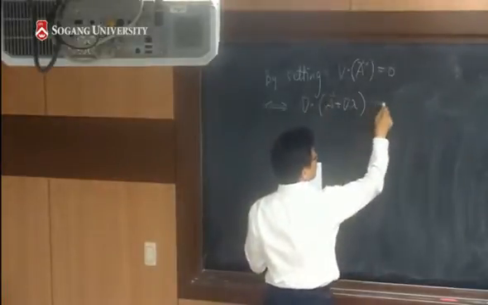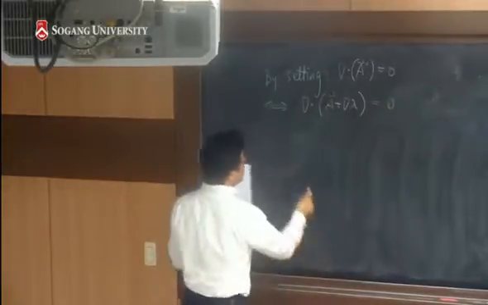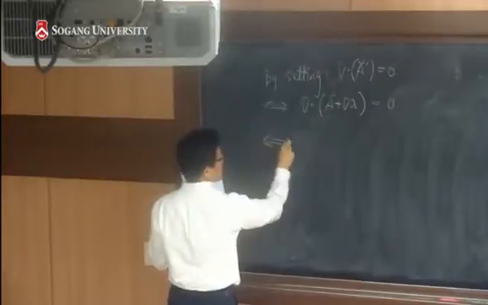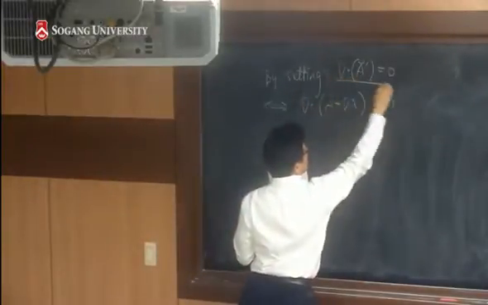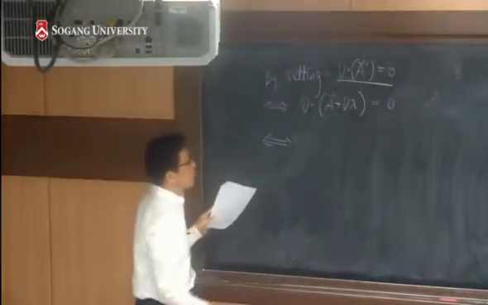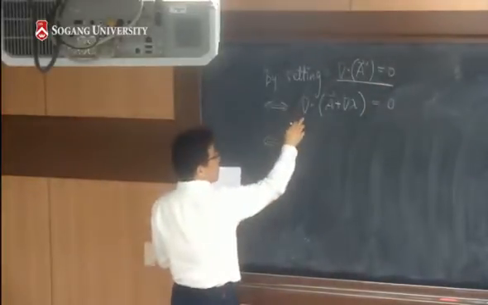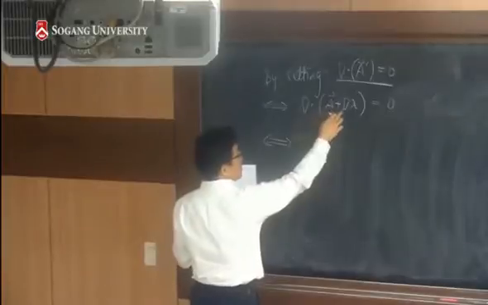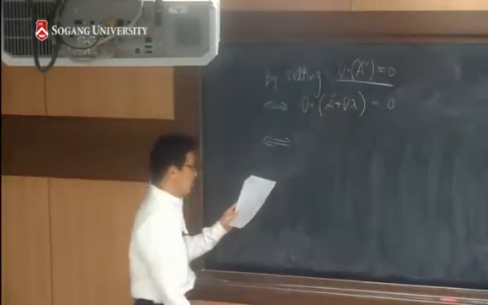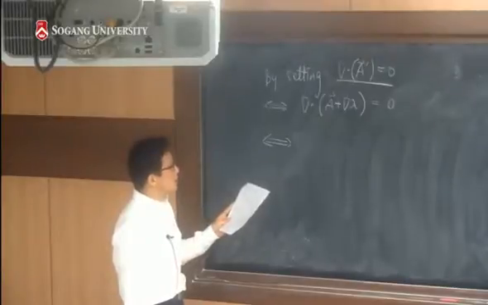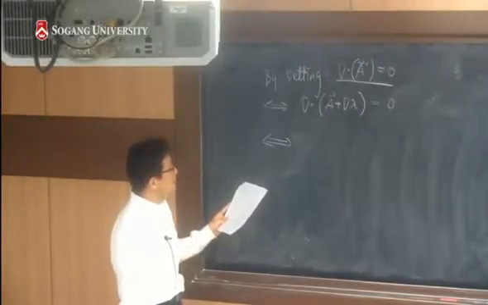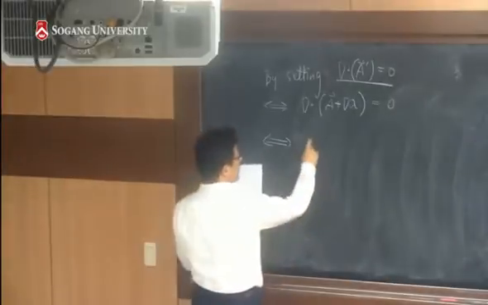It is also 0. Which means by setting the criterion that the divergence of the vector field is 0, you can define the gauge scalar in the form of a Poisson equation.